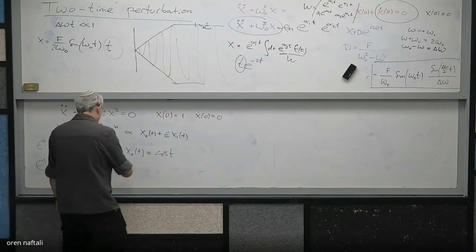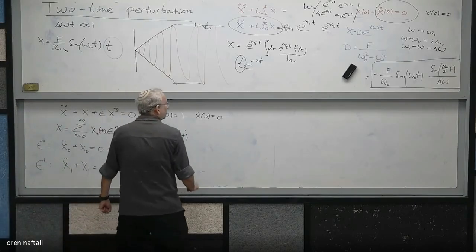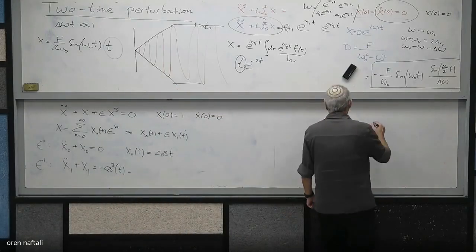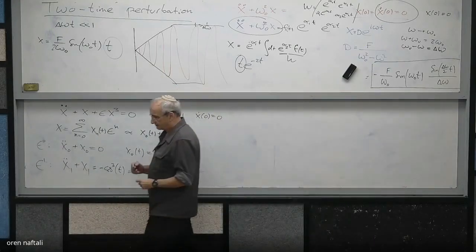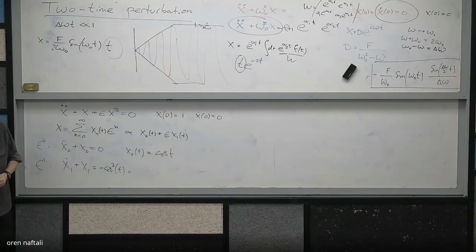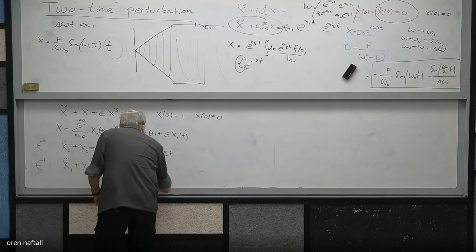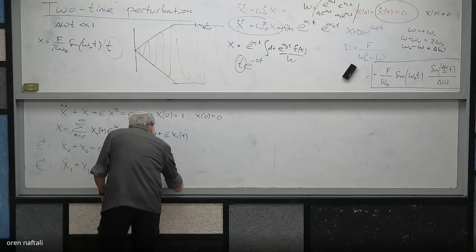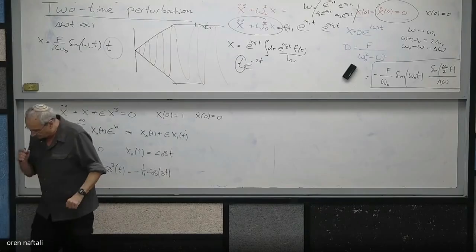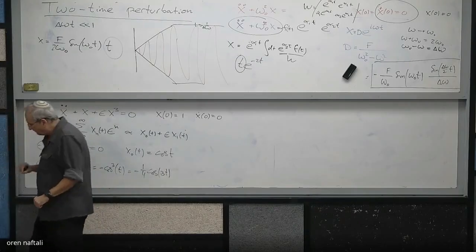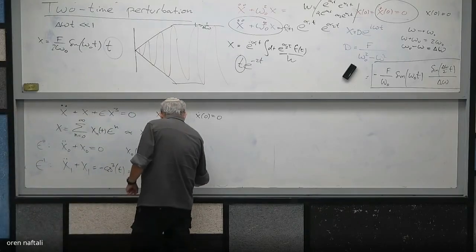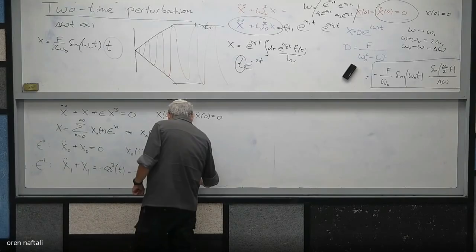Now we have to use a formula for cosine cubed. What is cosine cubed of t? And so cosine cubed is minus 1/4 cosine 3t minus 3/4 cosine t.